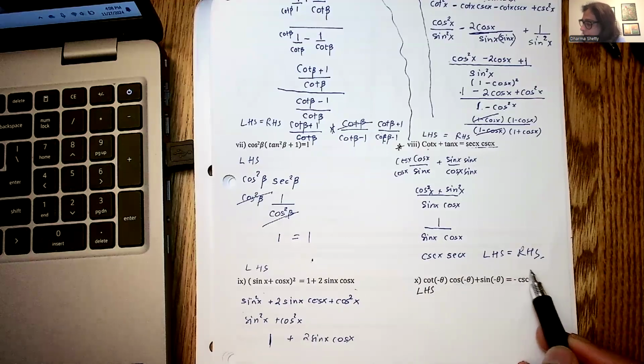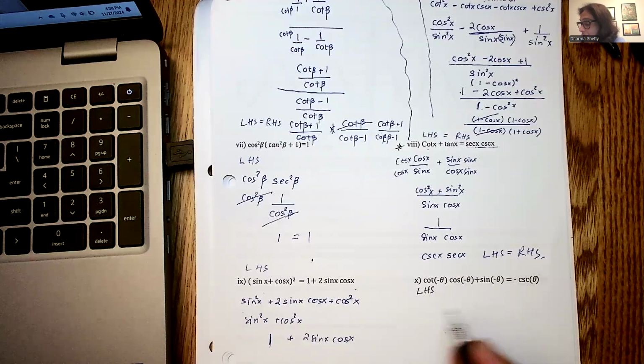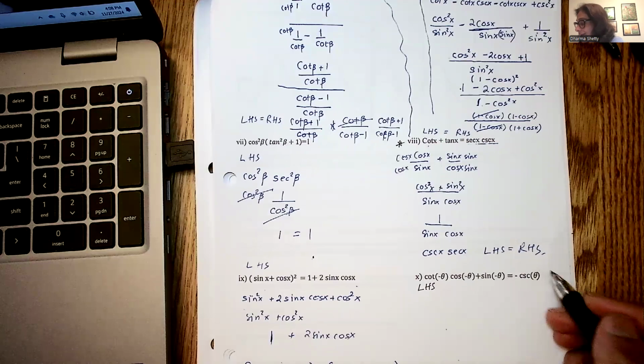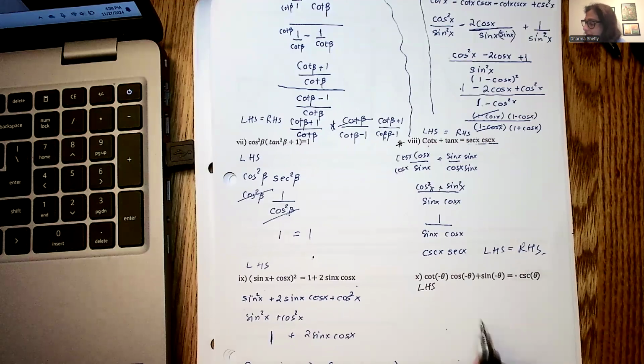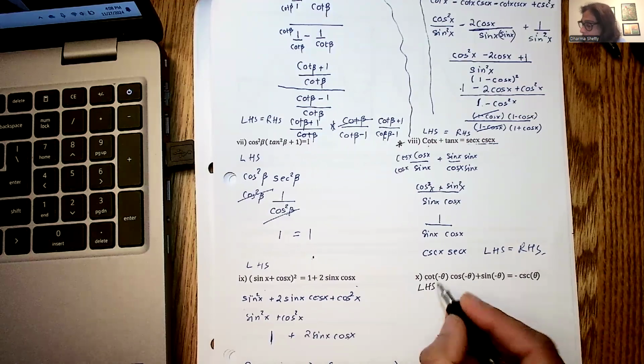And since I want negative cosecant theta, the left side I should simplify to 1 over sine theta, then I can get negative cosecant theta. Having said that, let's replace cotangent theta with sine and cosine.